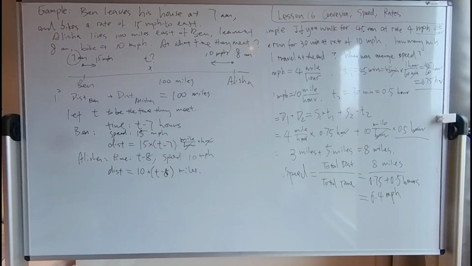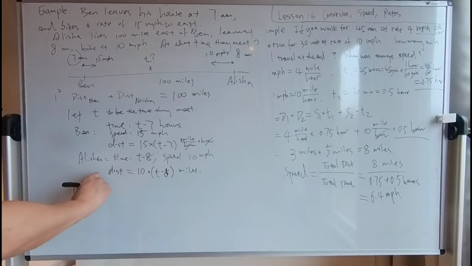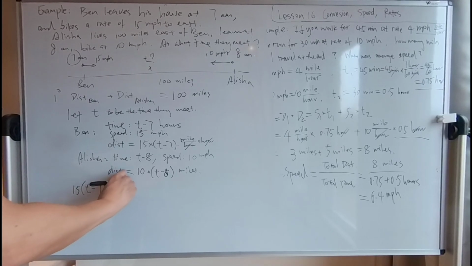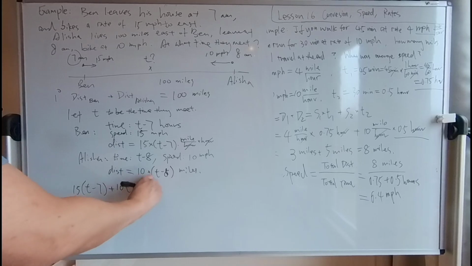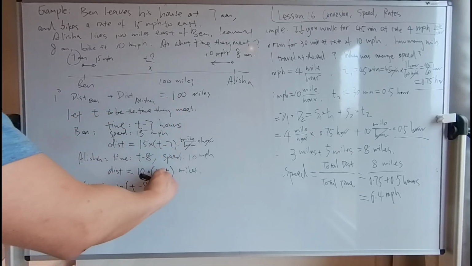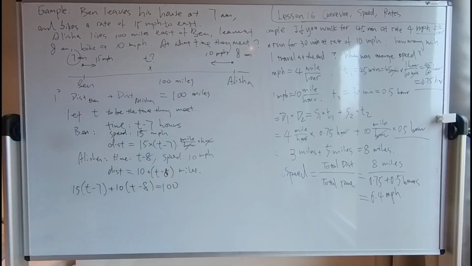Now, to form the equation, the distance Ben travels plus the distance Alicia travels is 15(t minus 7) plus 10(t minus 8) equals the total distance of 100 miles.